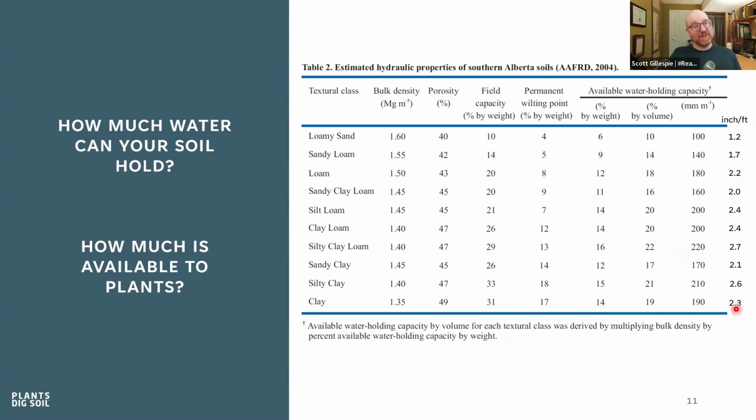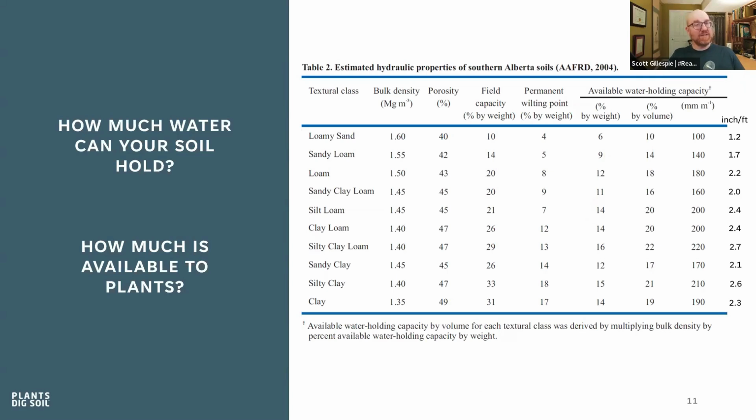You can also see that I converted the millimeters per meter to inches per foot, because I know myself I still think mostly in inches and feet. That's what almost everybody here thinks in or talks in. But both units are up there.